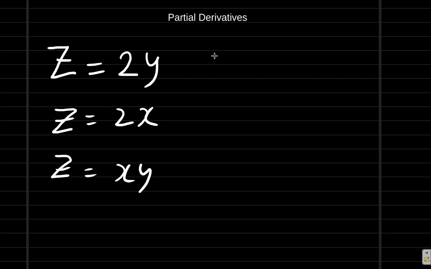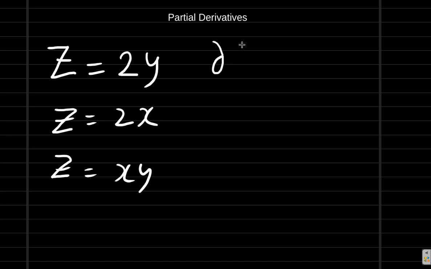Now, suppose we want to find, well, we would have termed it before as the derivative of z with respect to x. That's how we write dz by dx, right? Derivative of z with respect to x. But when it comes to partial derivatives, we use this symbol, right?